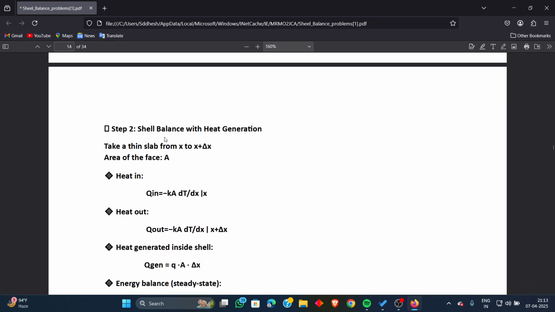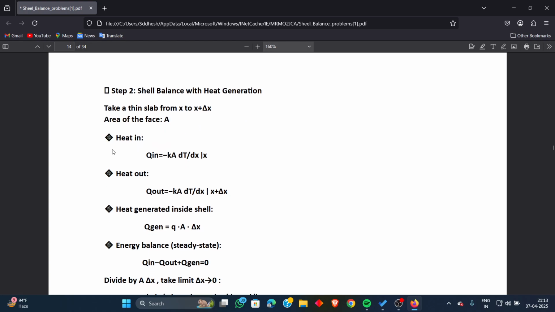Step 2, shell balance and heat generation. Take a thin slab from x to x plus delta x, area of surface A. Heat in, Q in is equal to minus K A dT by dx at x.